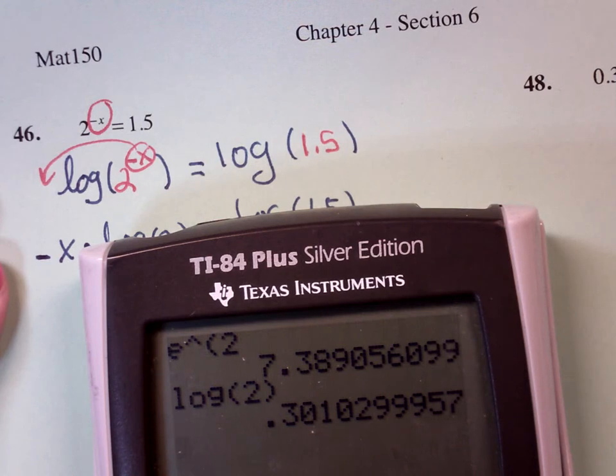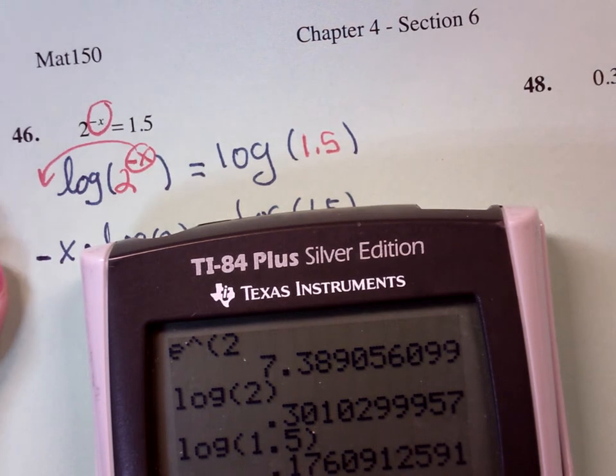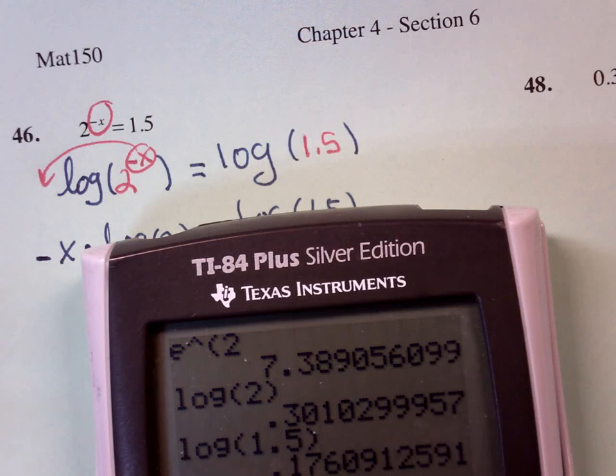And the log of 1.5 is also a decimal number. If it would make you happier, change those to decimal numbers and work them with just decimals. Then they're just numbers. Because that's all they are.